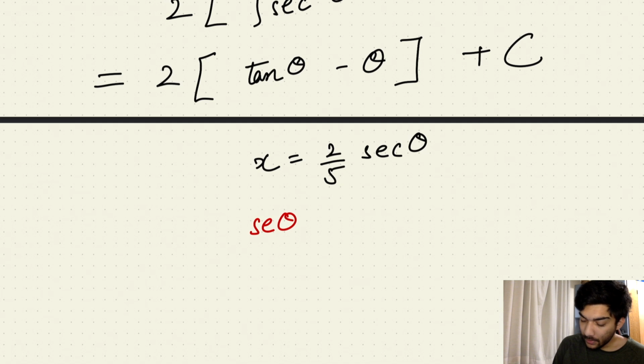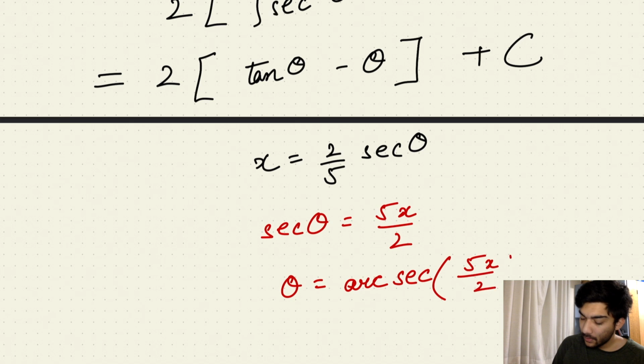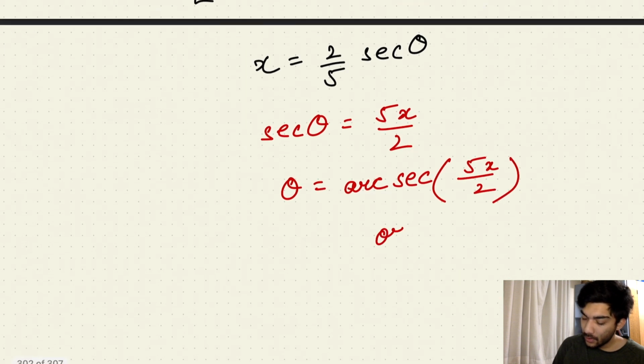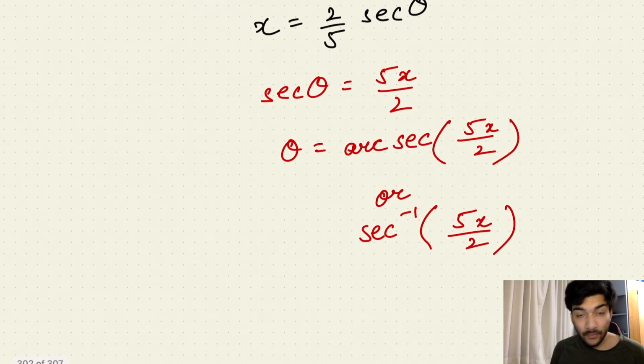If we shift the 5 by 2 to the other side, our secant theta is basically 5x by 2. So theta is arc secant 5x by 2, or secant inverse 5x by 2, right?